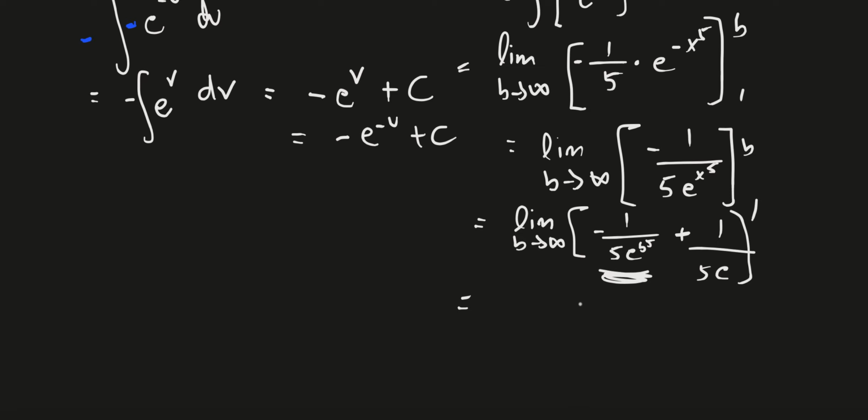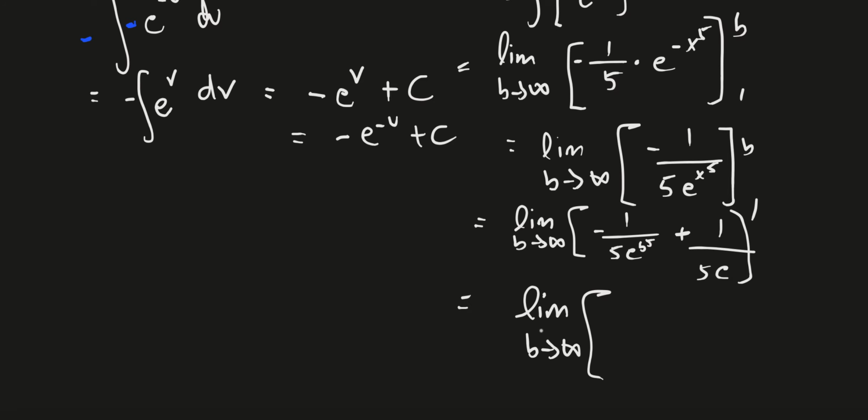This over here is going infinitely large. This whole thing is going to get larger and larger. This whole thing is going to approach 0 because the denominator is getting larger and larger. So this is 0, the limit as b approaches infinity.